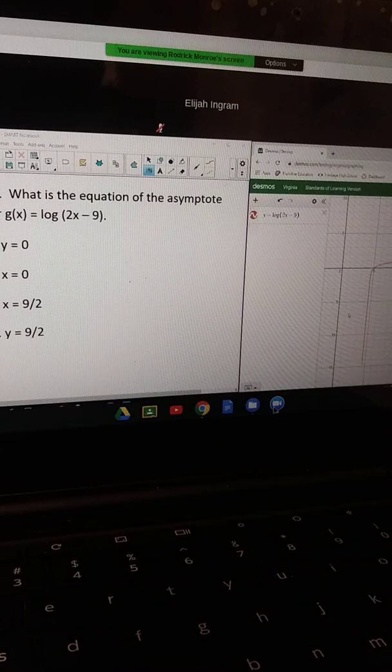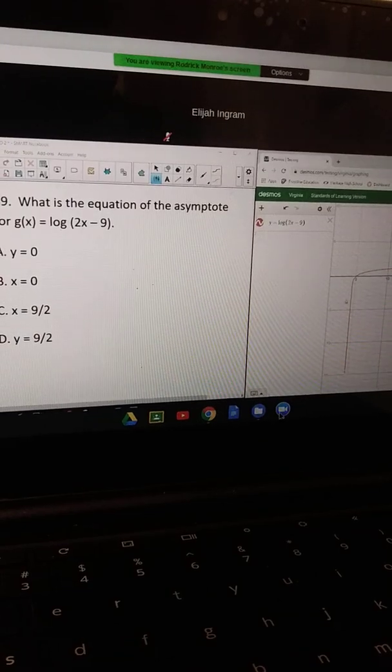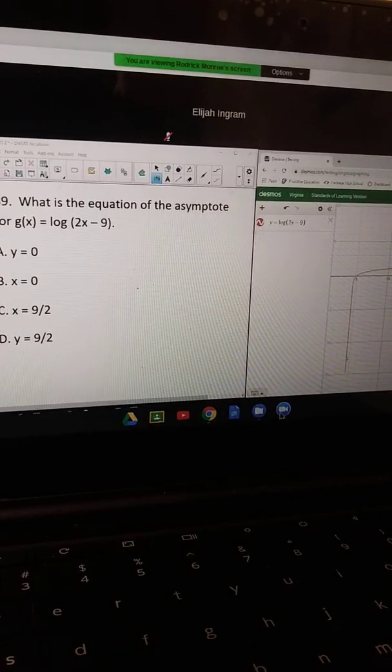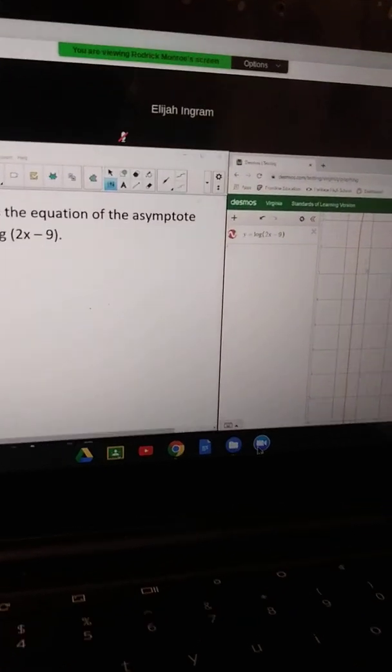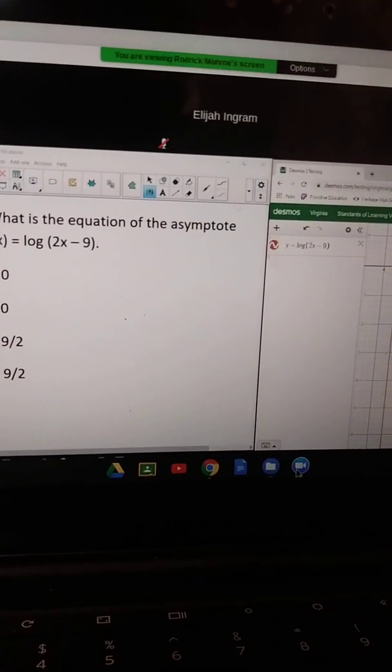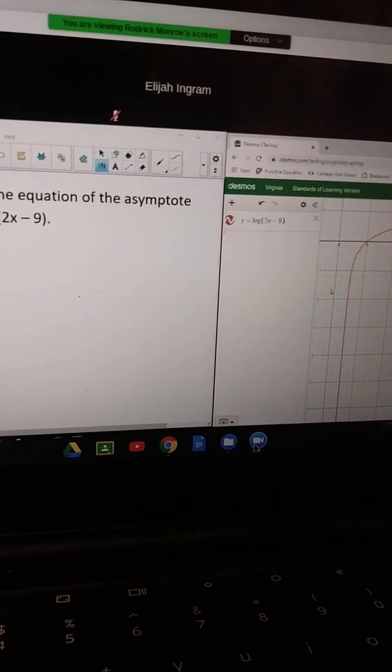Now as you can see with this red line, it increases as it's going to the right. But as it's going down, it doesn't get any closer to, what's that number? 4.5.